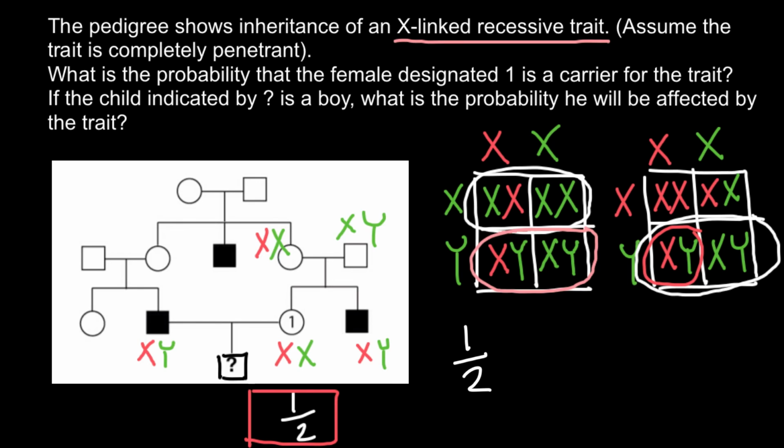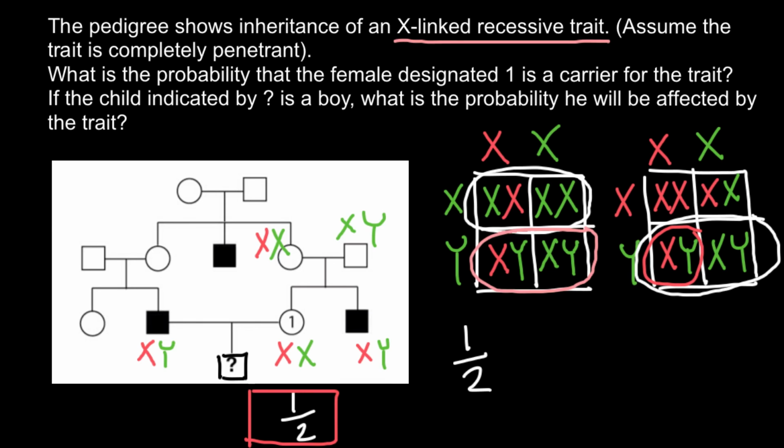And if she is heterozygous, there is a 50% chance that she would give the defective X chromosome and a 50% chance that she would give the normal X chromosome. And the father can only give to the male progeny a normal Y chromosome. So if this person is male, he has to get one normal Y chromosome from his father's side and a 50% chance that he would get the defective X chromosome from the mother side and a 50% chance that he is going to get the normal X chromosome from the mother side.